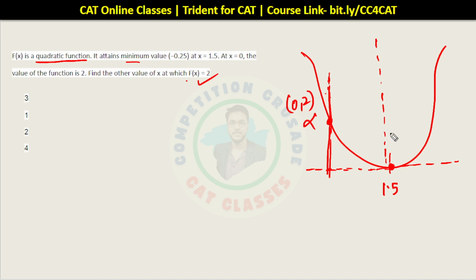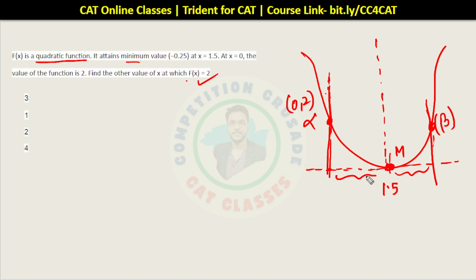Okay, by symmetry what I mean is that the distance along the x coordinate from this point, you can call it m, to alpha will be equal to the distance to the other root. Because it is a quadratic expression, it typically will have two roots, the other being beta.